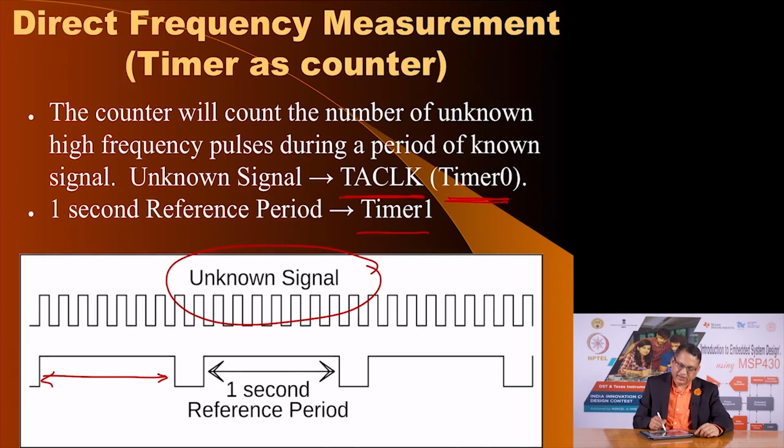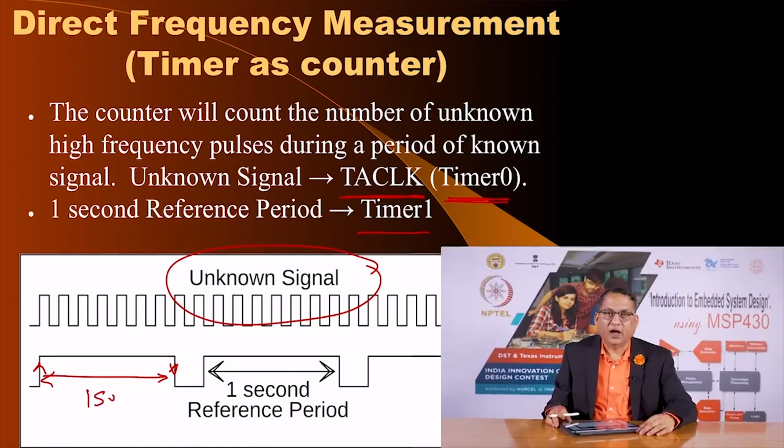The incoming unknown signal we are going to feed directly to timer 0, and we are going to generate an interrupt here, read the timer 0 value, store it, and when the second interrupt happens, this time on the falling edge, we are going to capture the value of timer 0 again, and the difference will be the frequency directly. Why? Because this period is 1 second.